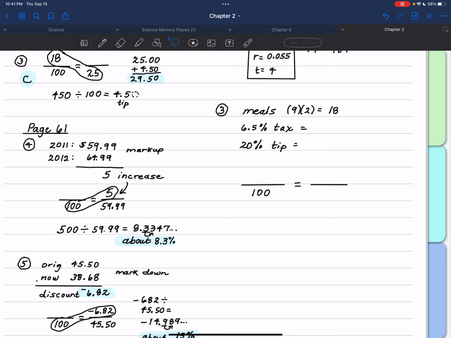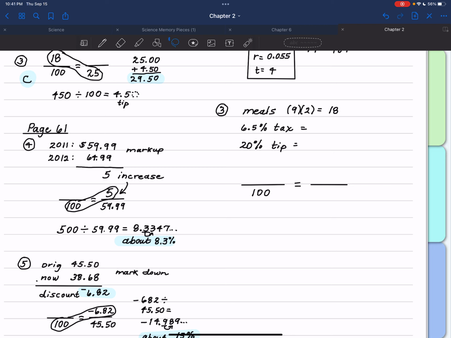Now we have to deal with whether or not you pay tax on the tip. I have always been told that you do not tip on the tax. In other words, the tax gets added at the end. I always do pay the tip based on the whole price.